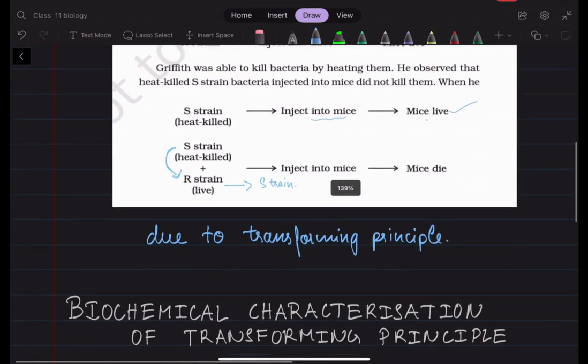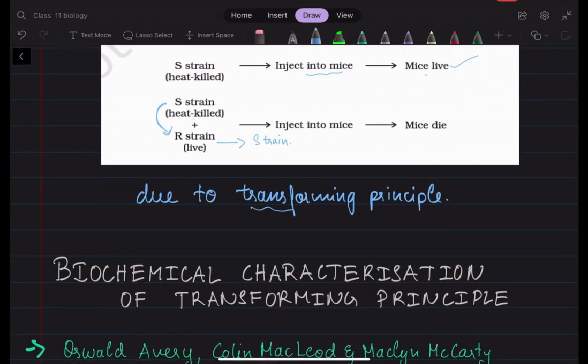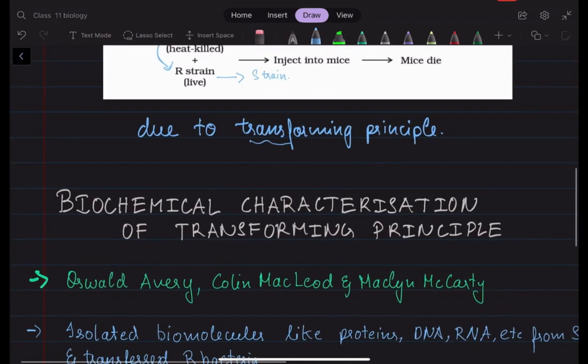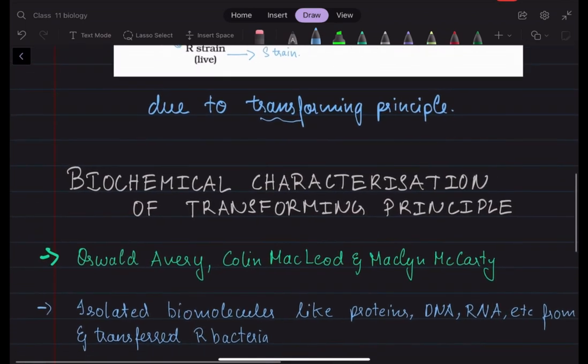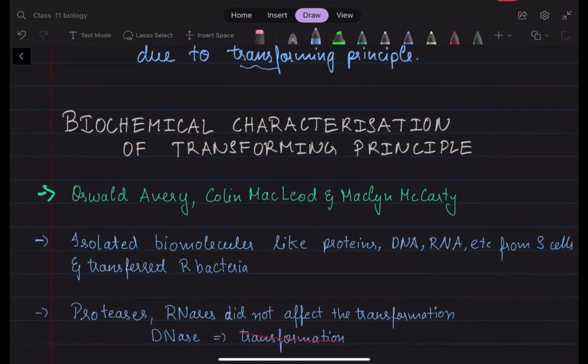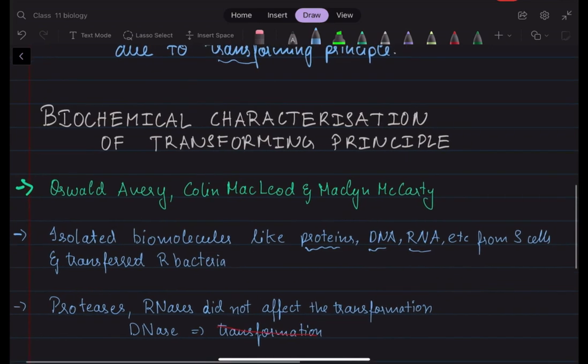A few years later, they performed an experiment to find out the biochemical nature of this transforming principle. Oswald Avery, Colin MacLeod, and Maclyn McCarty performed the experiment. They isolated the biomolecules usually suspected to be the genetic material, that is proteins, DNA, or RNA, from the S cells, the ones that cause the disease, and then transferred them to the R bacteria.